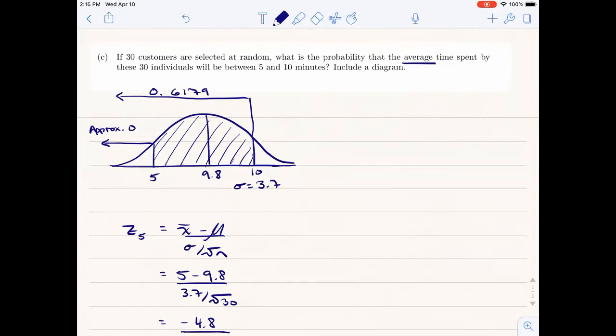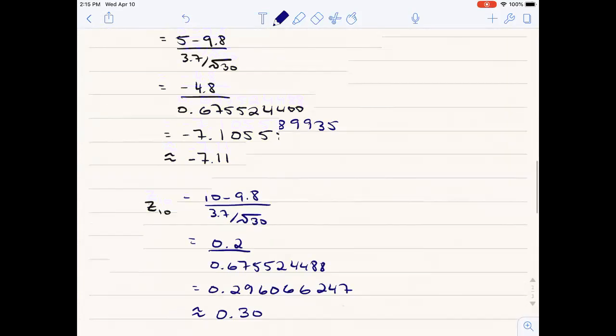So just so we know where we're headed, right? If this area is 0.6179, and then we're subtracting approximately 0, the area between here is approximately 0.6179. That area, the little tail end that we're lobbing off, is approximately 0. Okay. So we write our little blurb.